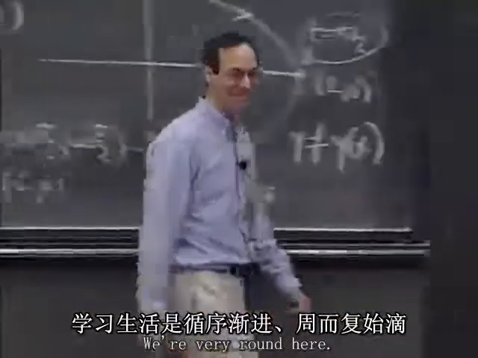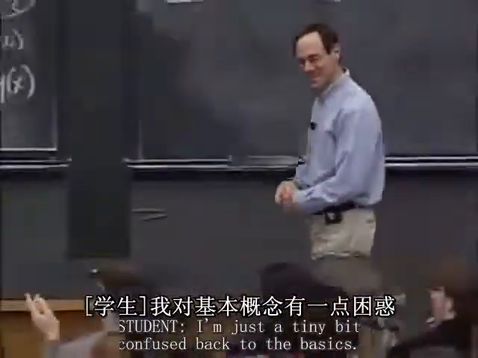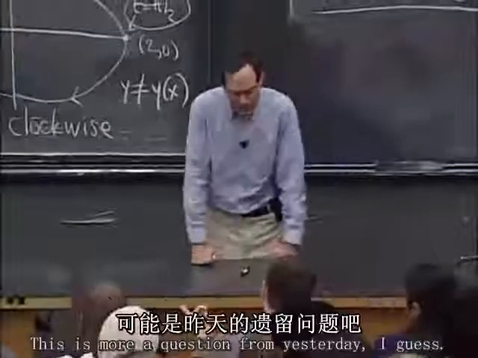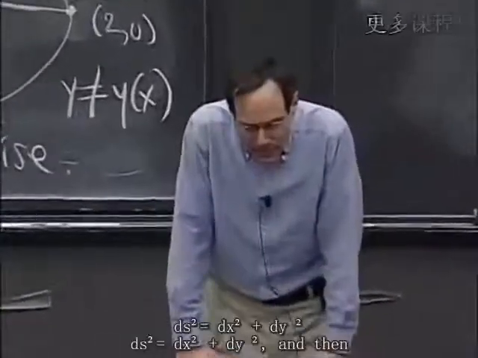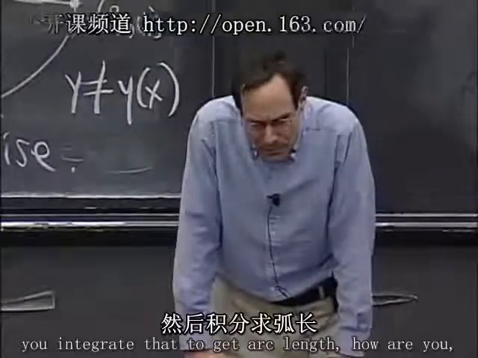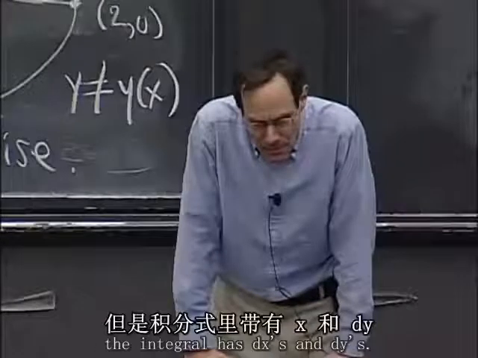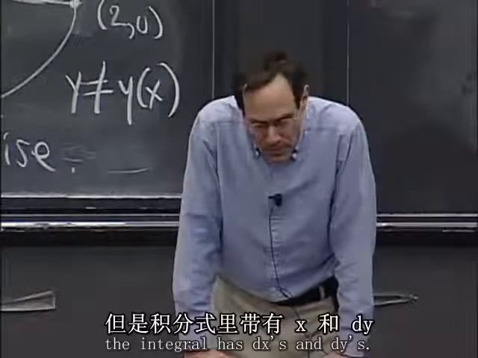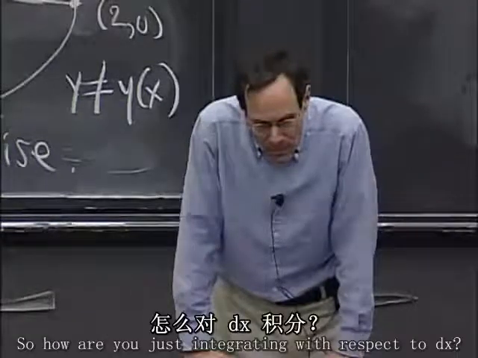Another question, back to the basics, from yesterday: when you have your original ds squared equals dx squared plus dy squared, and then you integrate that to get arc length, the integral has dx's and dy's, so how are you just integrating with respect to dx?